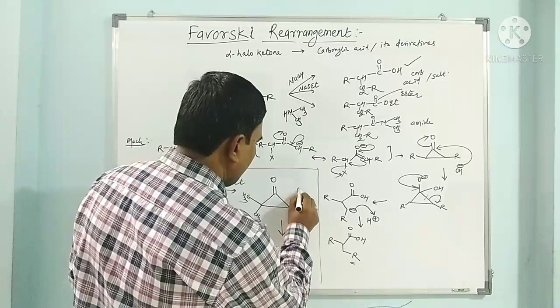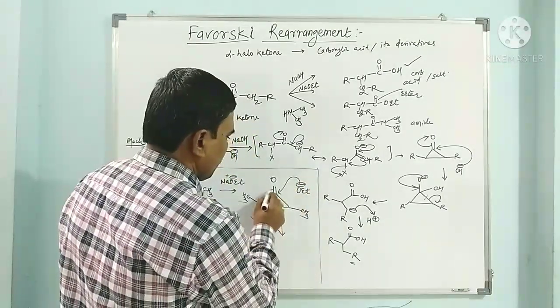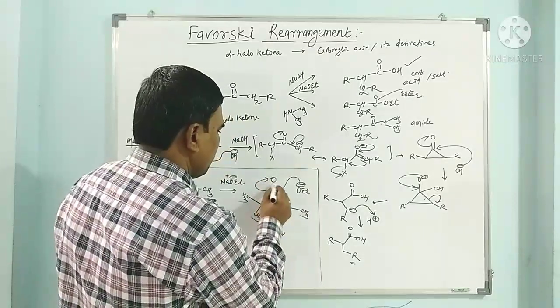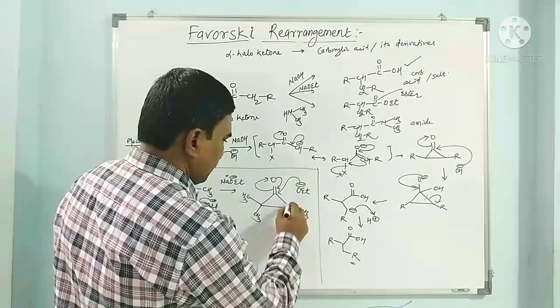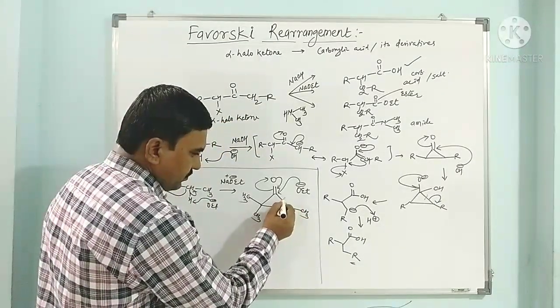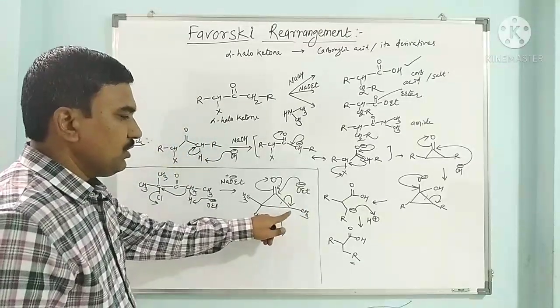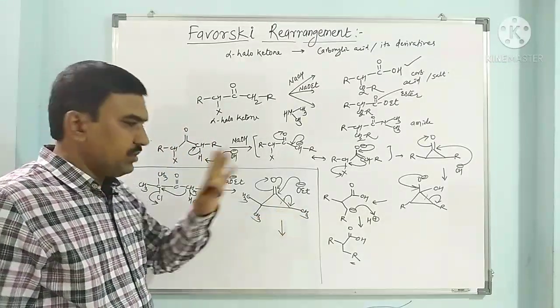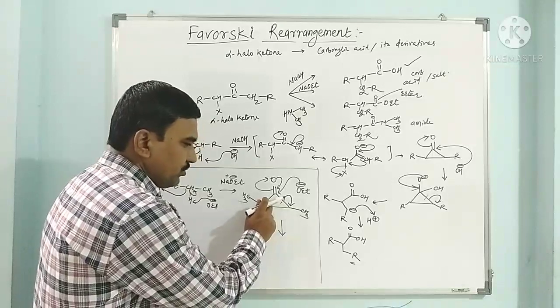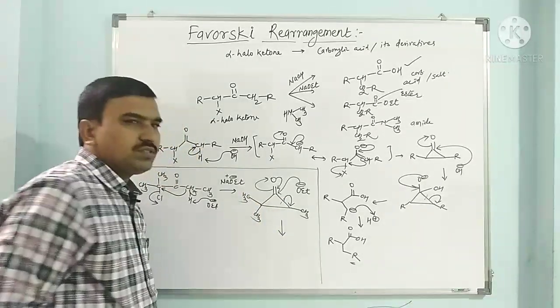So here this OEt minus attacks here, electron density goes to oxygen, again it returns from oxygen, and this bond gets cleaved. If this bond is cleaved, then the negative charge is generated on the carbon having only one methyl group. But if this bond gets cleaved, a negative charge, that is a carbanion, is generated having two methyl groups.